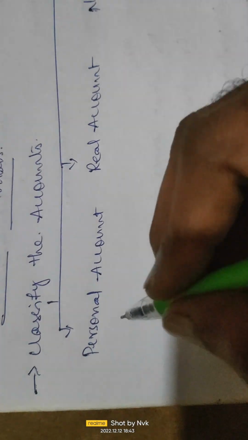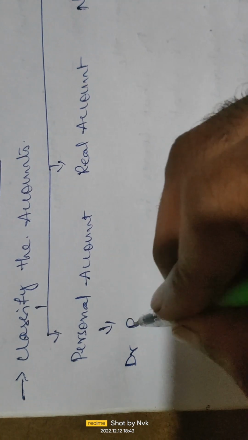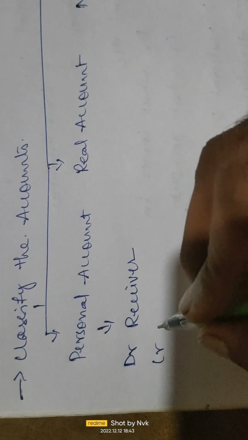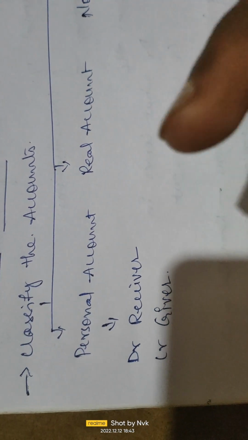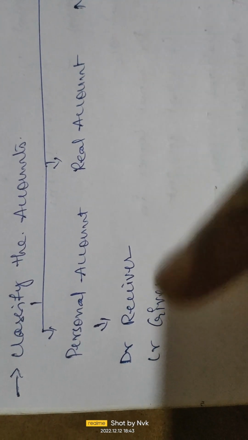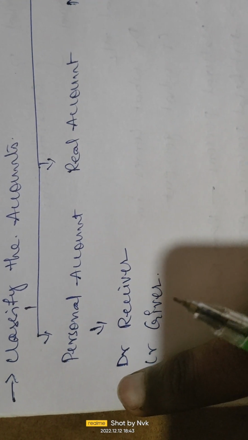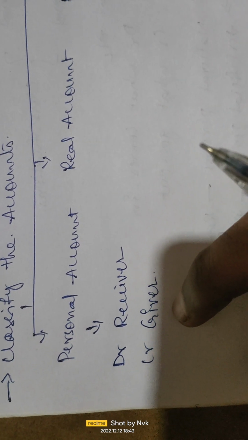As per the personal account rule, debit the receiver and credit the giver. That means we debit the person who is receiving, and we credit the person from whom we are receiving.